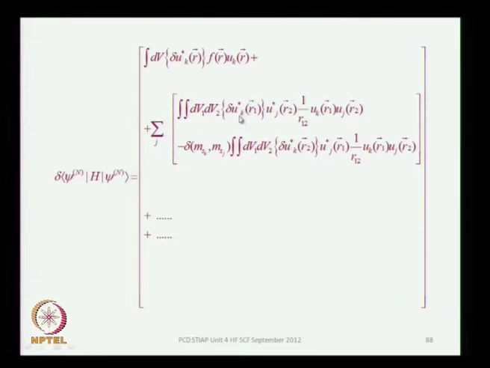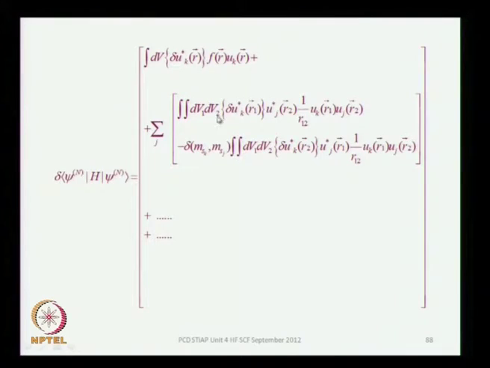So, any variation in any orbital other than the kth orbital, the corresponding 2 electron integral would vanish. So, that is not written over here because it goes to 0, and here you have only the variation in the kth orbital. This is in the Coulomb integral and this is in the exchange integral.